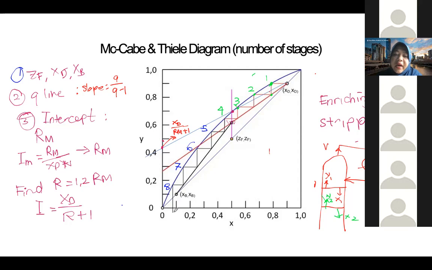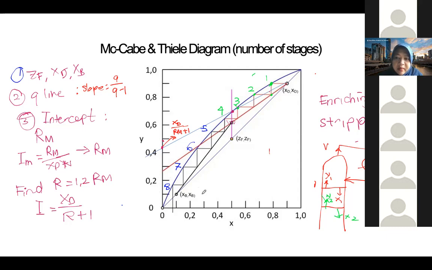So if I ask how many stages are in the distillation column, you say 7, because as Nadifa said, the last stage is used for the reboiler. Did you get it?